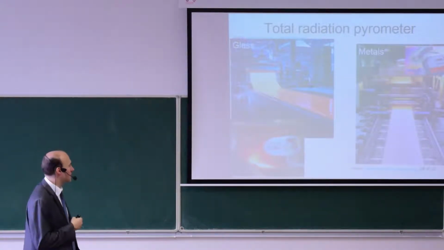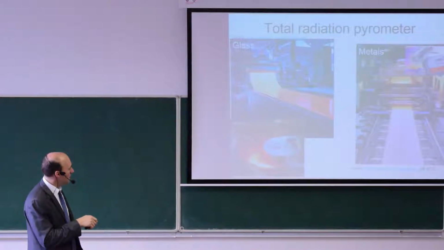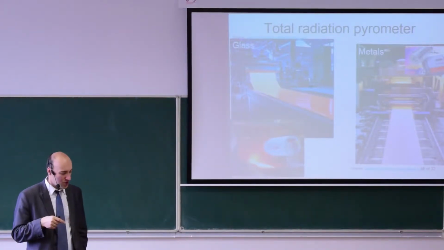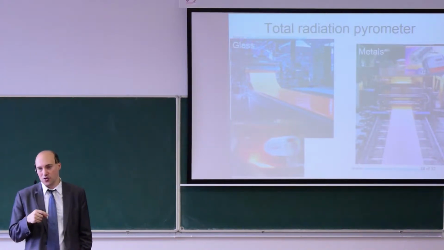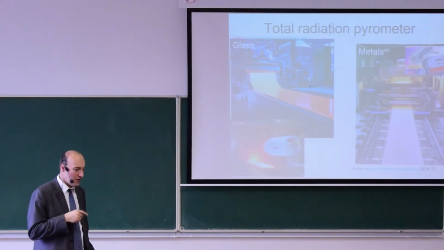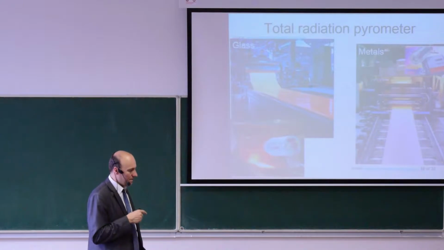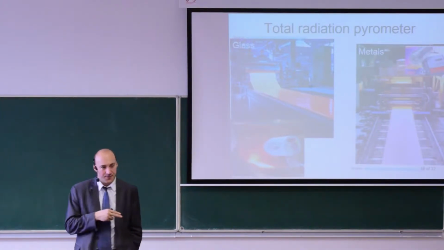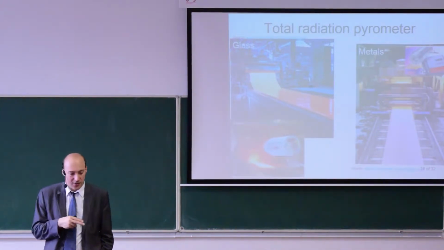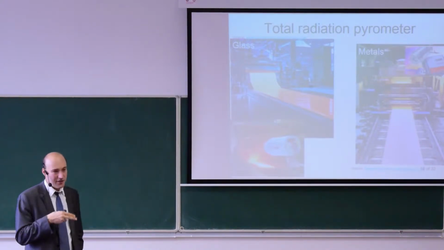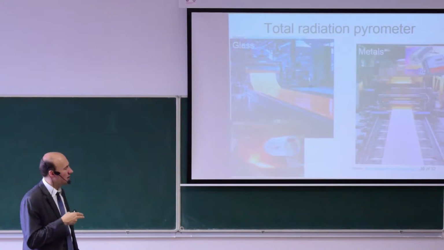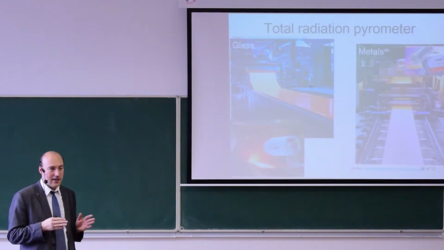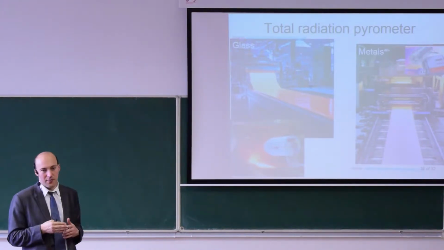process in different steps. In all those applications, it's very important to keep in mind that emissivity is a function of temperature. So if you measure, for example, glass, you need to select with this filter a specific wavelength on which you measure. Because if you cannot measure it in the entire range, the emissivity is a function of temperature.